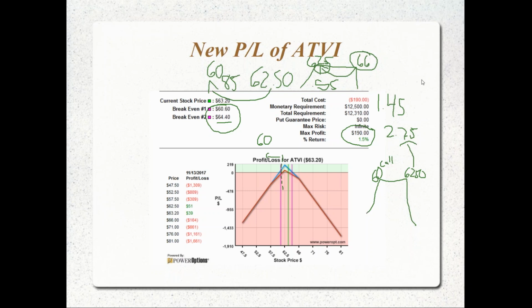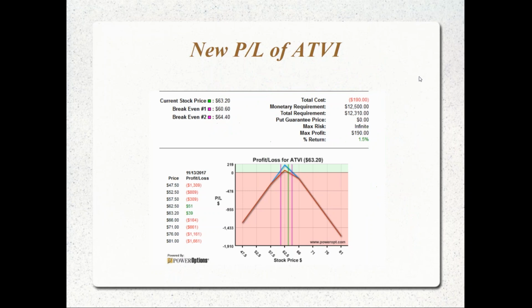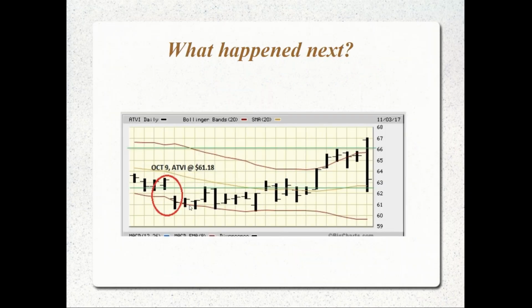So this is what's called the inverted strangle. Now, what ended up happening in our example, we rolled the call down here to 62.5. And I don't know the exact date because I cut off the dates here, but it was either here or here.